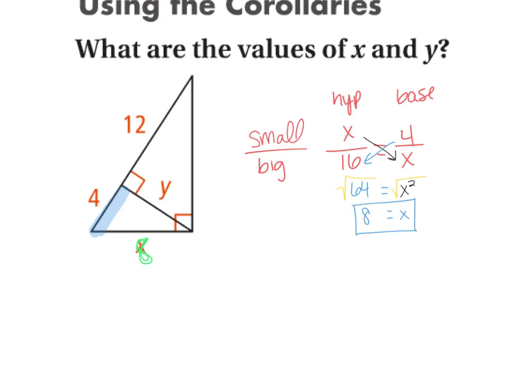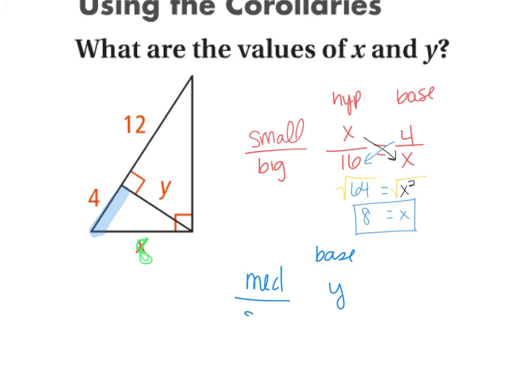This time we're going to talk about the medium triangle. Y, right here, is the base of this medium triangle. So the medium base is Y. Do they give us any of the other bases? Yes, they give us the base of the small triangle, so we're going to do medium over small.